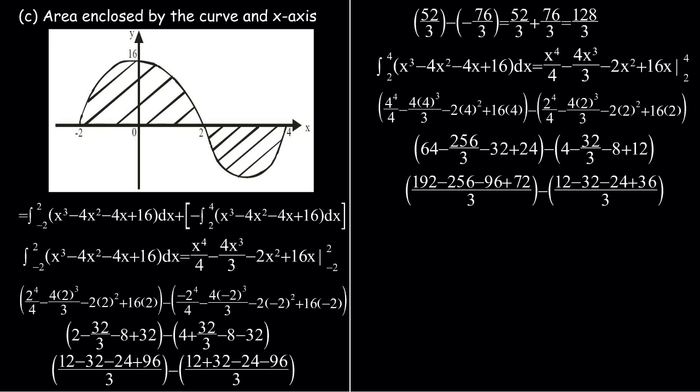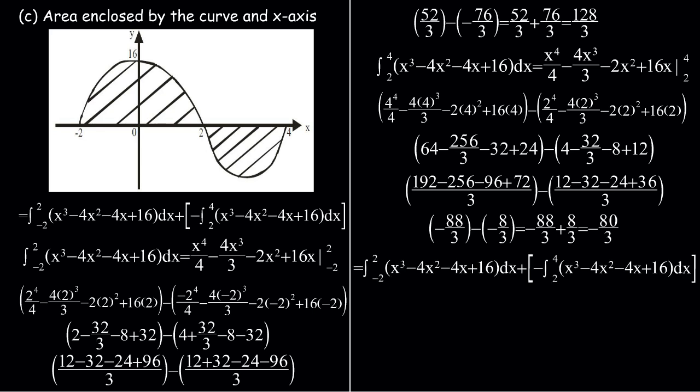Adding both brackets and simplifying, it becomes minus 88 divided by 3 minus in bracket minus 8 divided by 3, which should be equal to minus 88 divided by 3 plus 8 divided by 3. Adding the fractions, it is equal to minus 80 divided by 3.